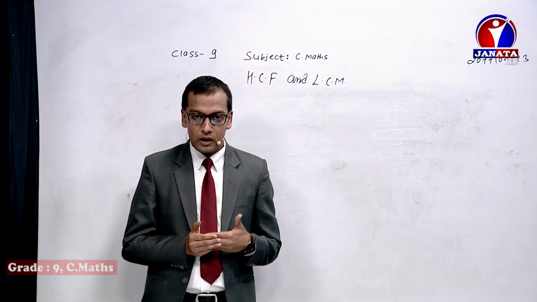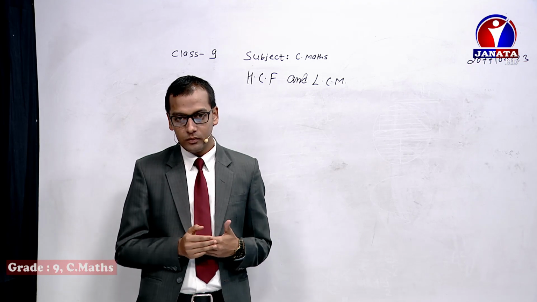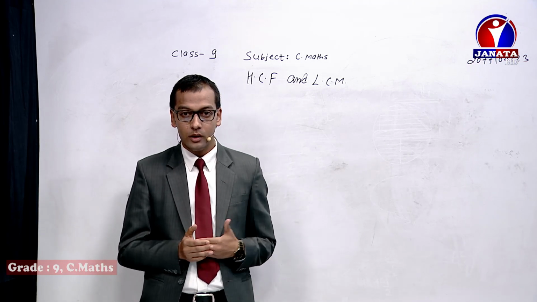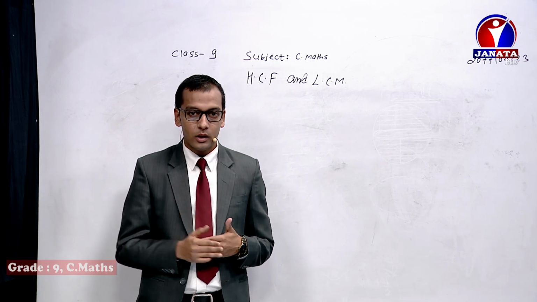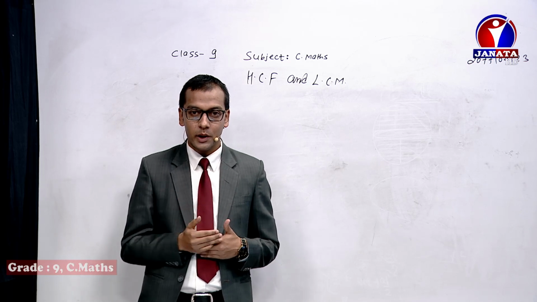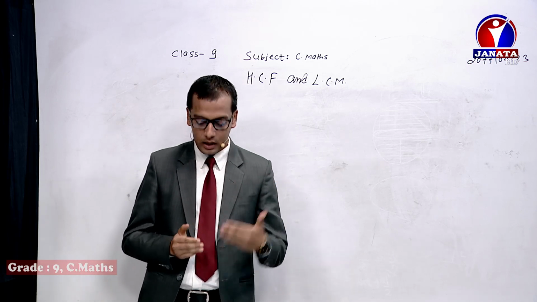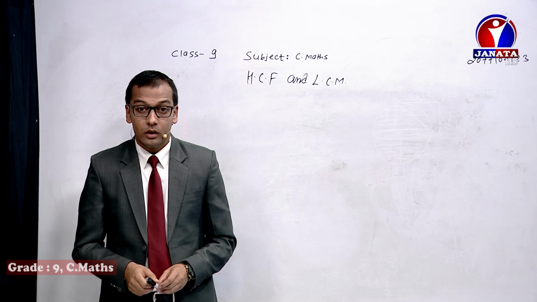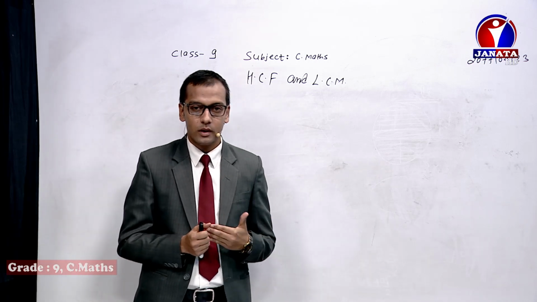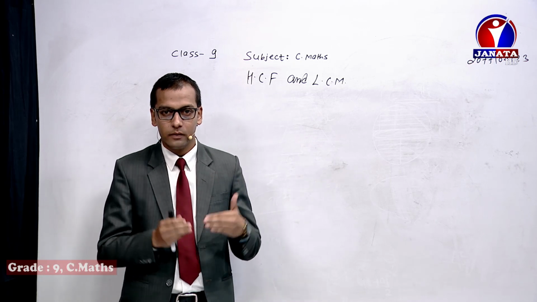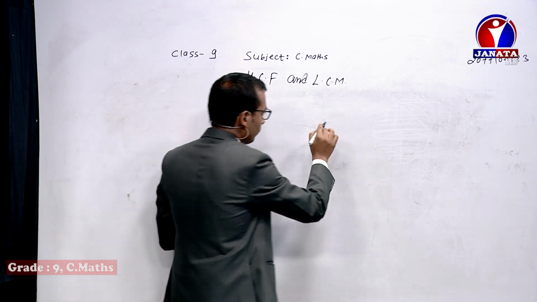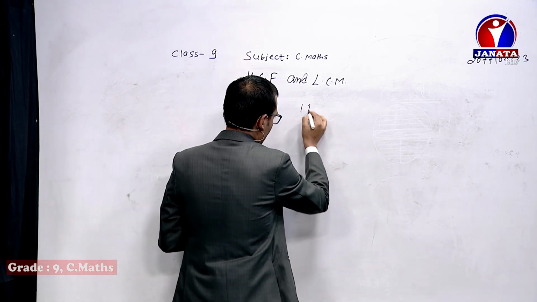For the better understanding of HCF and LCM, we need to know some of the terms like multiples and factors. What are multiples and what are the factors of numbers or algebraic expressions? So let me take one short example and explain what are multiples and factors of any number. Let's see what are multiples.